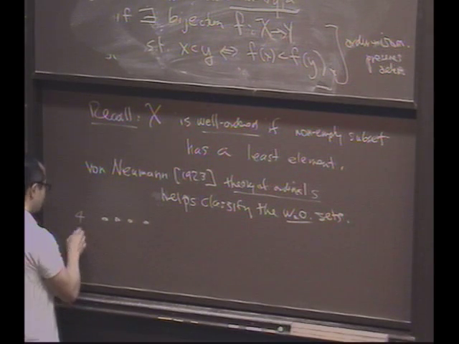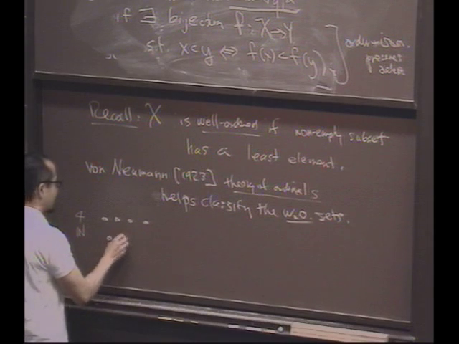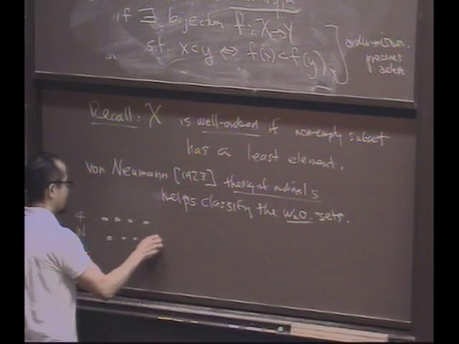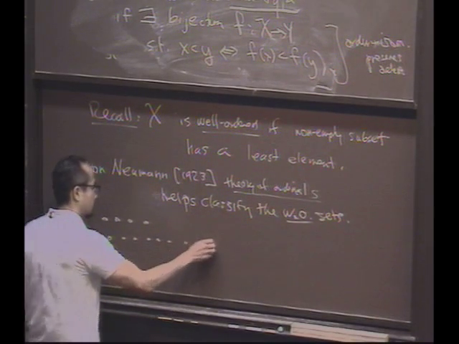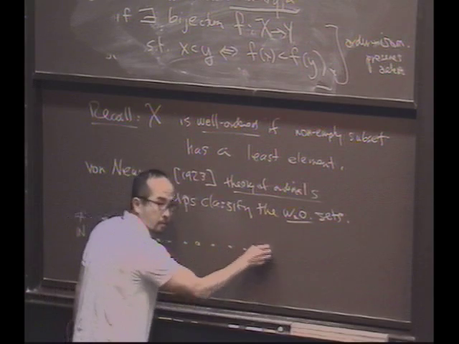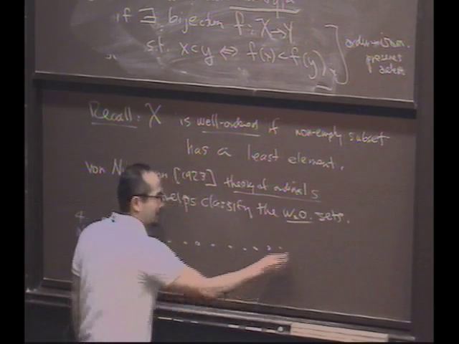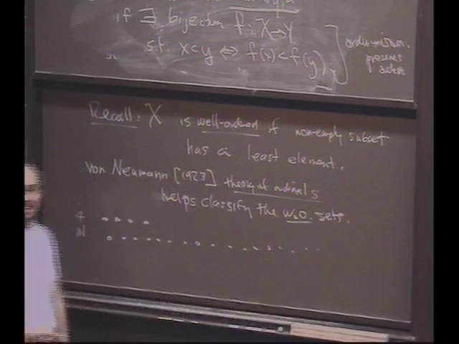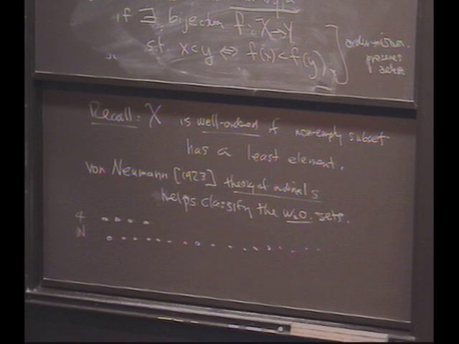What about the natural numbers? Well, that's a set that looks like this, doesn't it? Etcetera. Dot, dot, dot. Well-ordered, yes? But there are other well-ordered sets besides this, right?